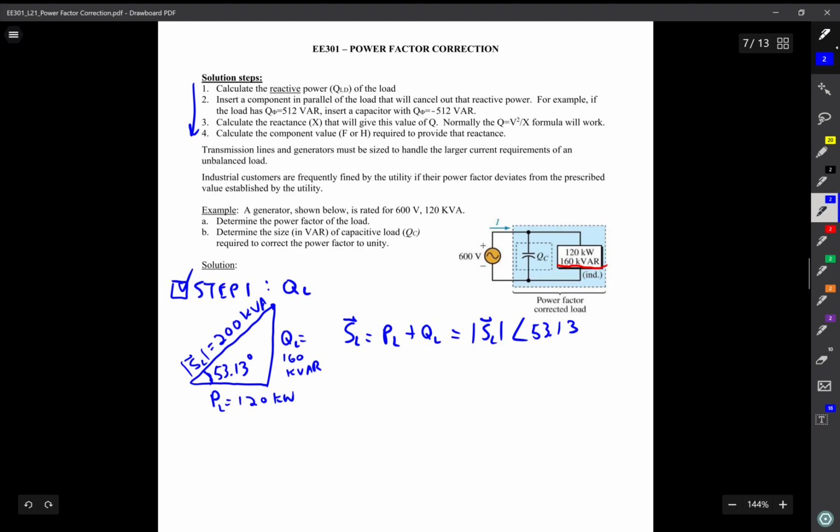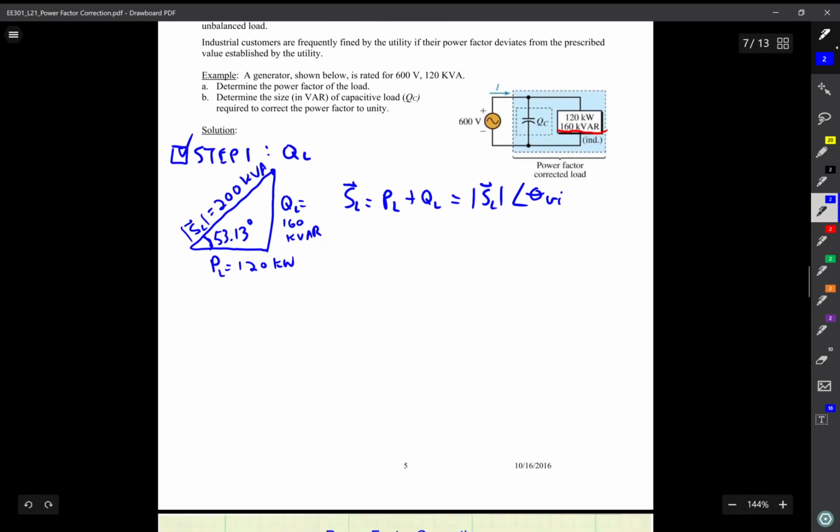Now, I already put that in there, but in general form, remember that that angle is my power factor angle, theta VI. That's the difference between the phase of the voltage and the phase of the current. So that's my general equation for my load. That's step one. Let's do step two.